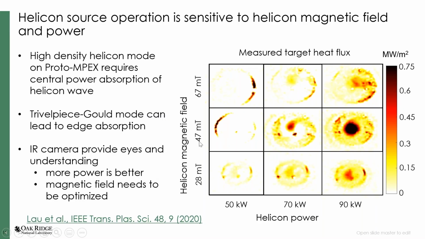But more or less, the IR camera has provided us some eyes in helping us improve operations and in terms of understanding. Clearly, more power seems to be giving more heat flux as a whole if you integrate over the area. Also, it's clear that the magnetic field needs to be optimized. 47 millitesla seems to be doing better than 67 and 28 millitesla.